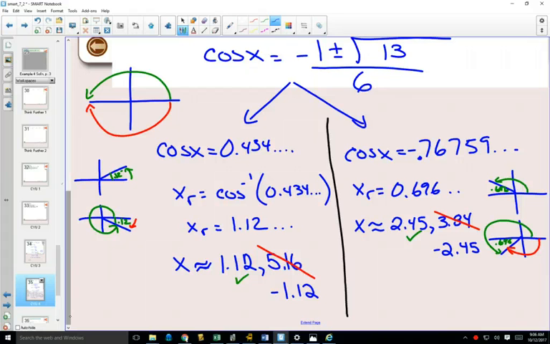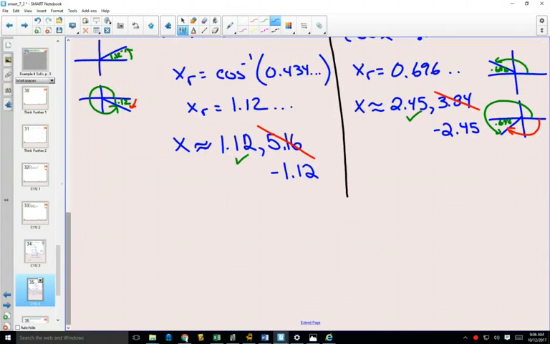Now that we've found our answers, we can go to part B. Part B was the general solution. Now in 7.1, when I introduced you to the general solution, I said the general solution is just solving like normal between 0 and 2 pi. That's the first thing you've done.